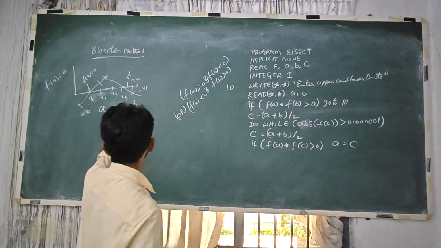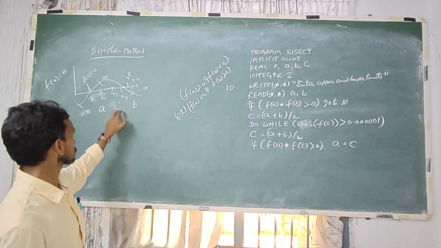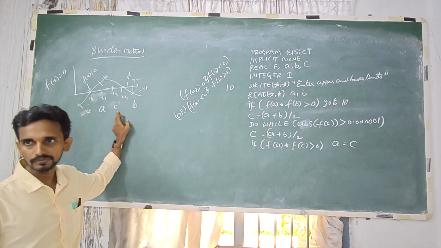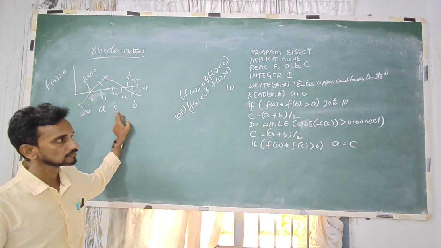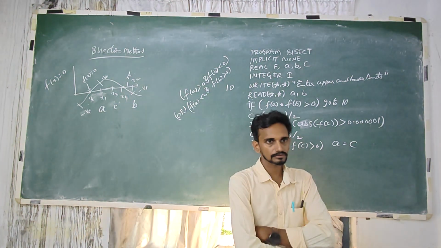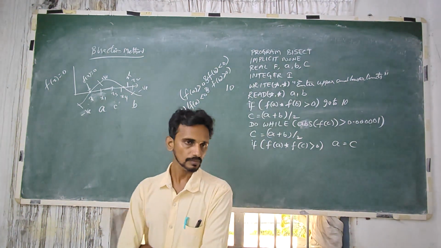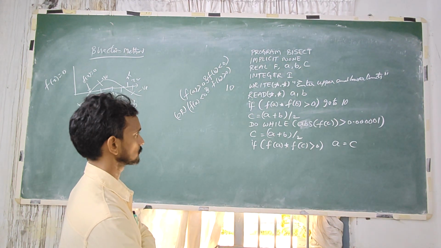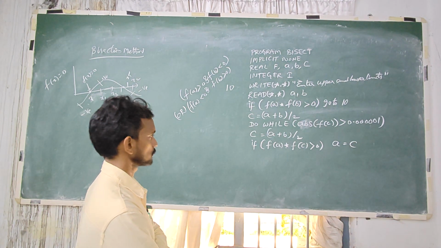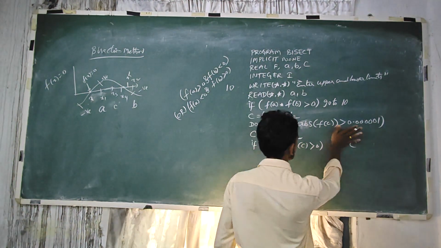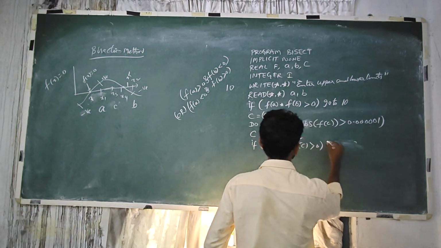So in place of a, whatever value of c becomes our lower limit. So lower limit will be equal to c. A is equal to c. So that gives this.